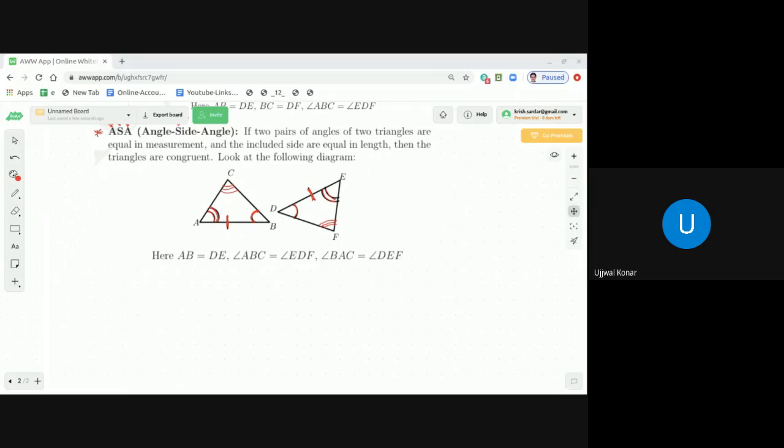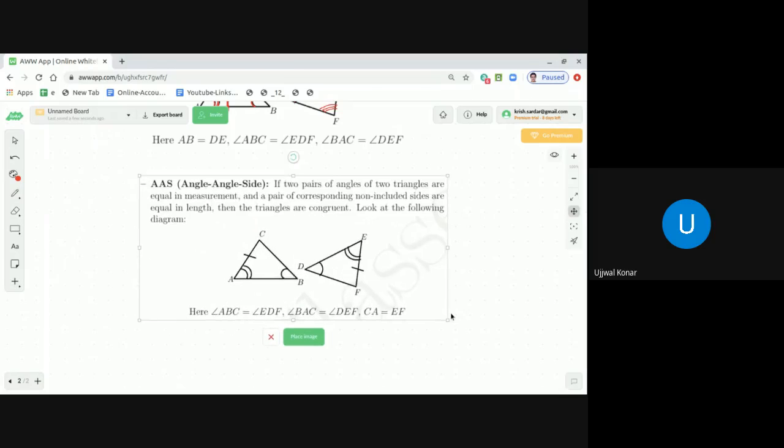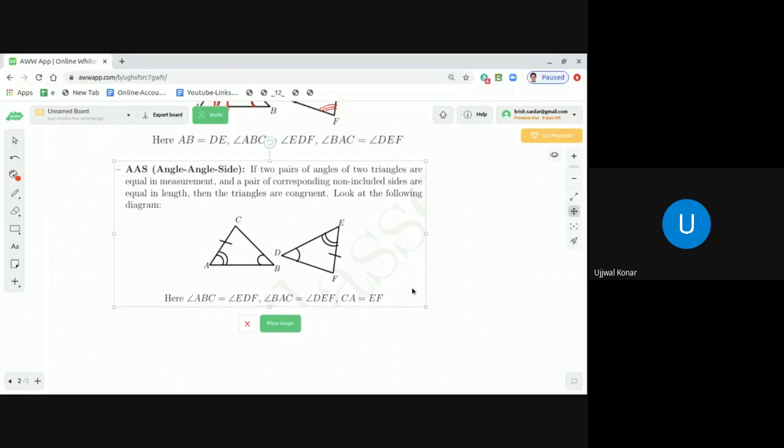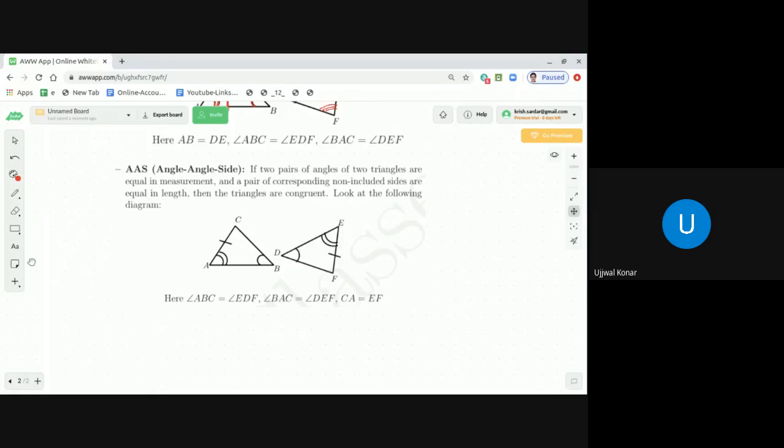Great. Now, the next point we are going to discuss is called AAS, that is angle angle side congruency. Let me first show you the diagram and the statement, and then I will explain further. What is AAS?